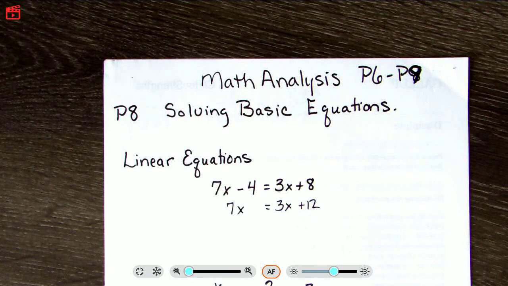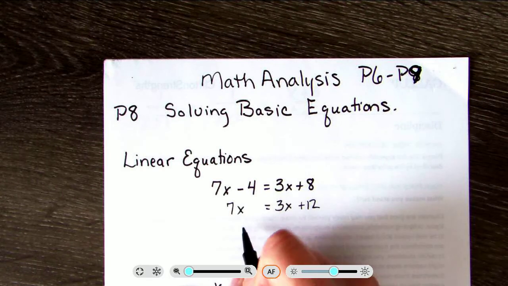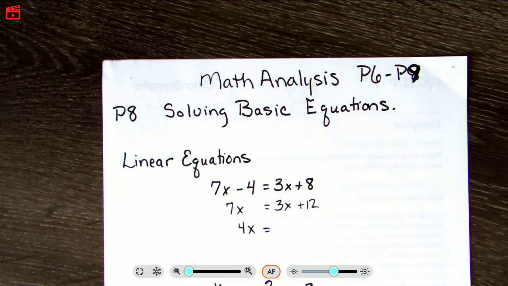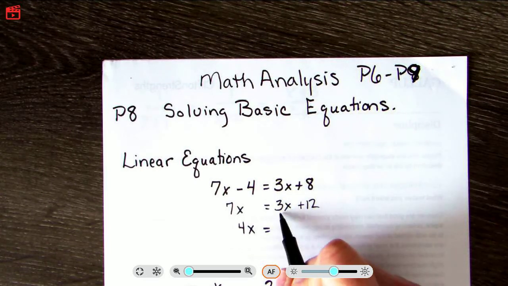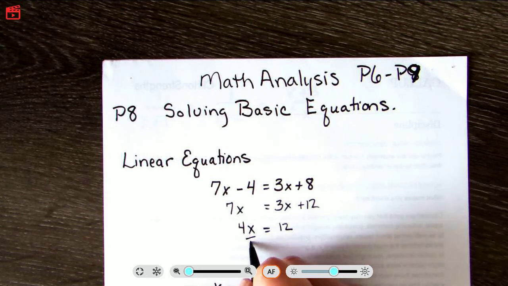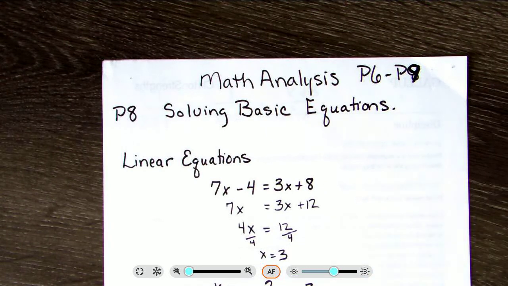My next step is to move that x to the other side so that they're all on one side, and I'm going to move this 3x by subtracting 3x from both sides. So subtracting 3x from 7x gives me 4x. Subtracting 3x here makes that a 0. And my last step is to divide by 4, and I'll have x is equal to 3.